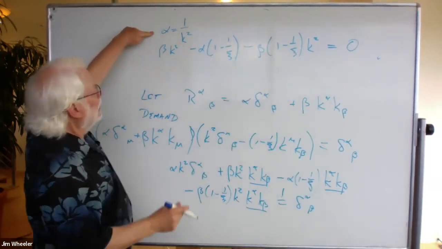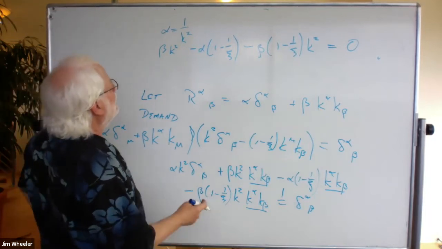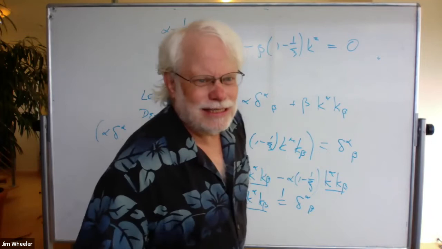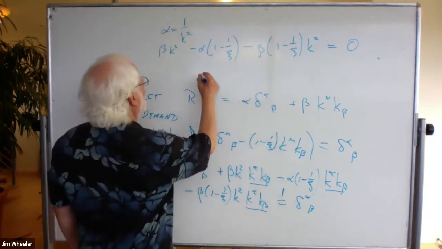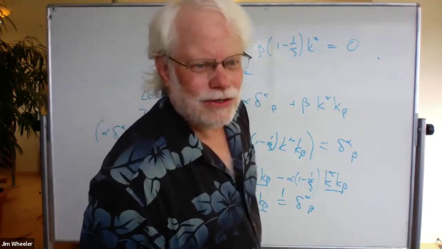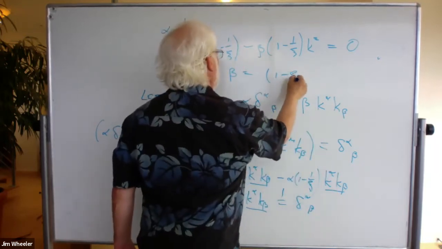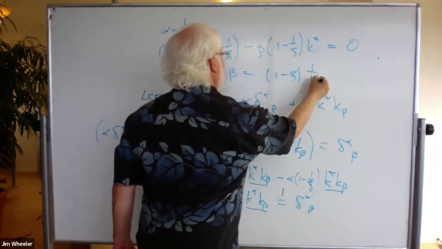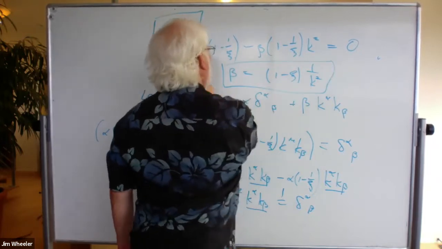And okay, I've got alpha is 1 over k squared. Now I can solve for beta. And what does it turn out to be? Yeah, so I claim, proof left to the reader, unless you want me to do it, 1 minus psi, 1 over k squared. So there are values of alpha and beta that work.